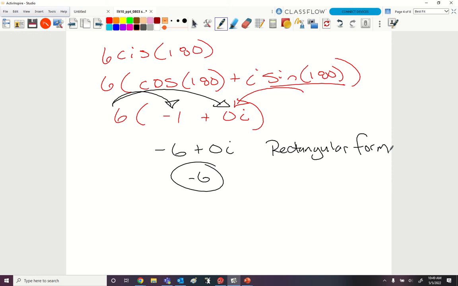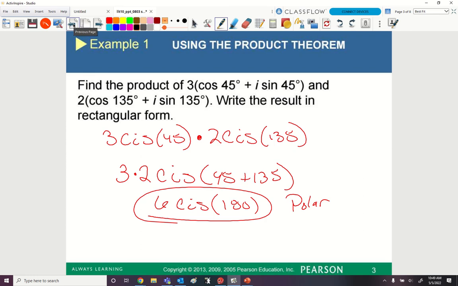You have to make sure you're paying attention to the mode or what it's asking for. This one said rectangular, so it gave us polar, we did the math in polar, and we turned it back into rectangular. If you need to pause it, go ahead, I'm moving on.